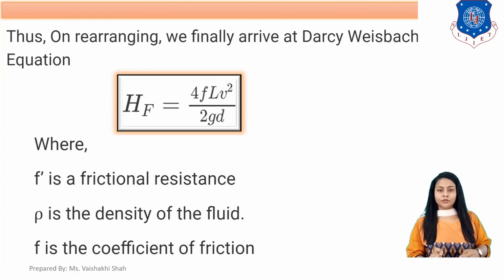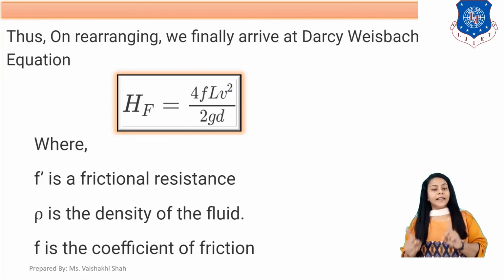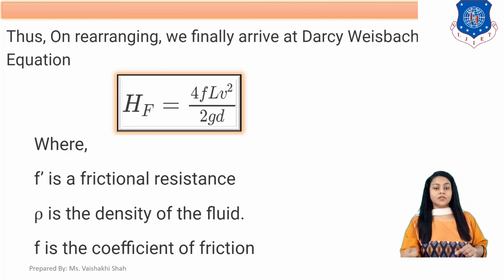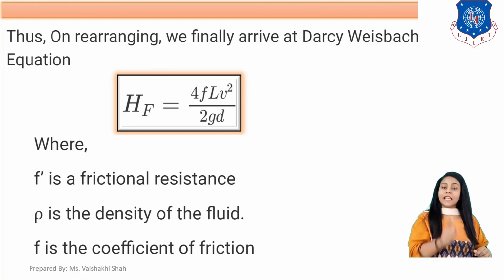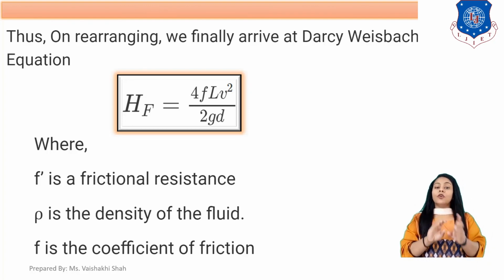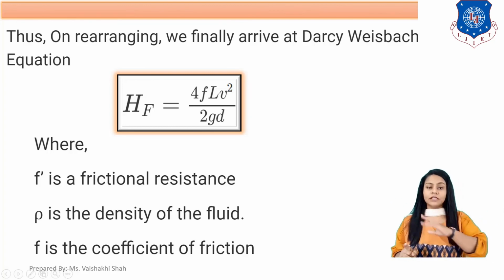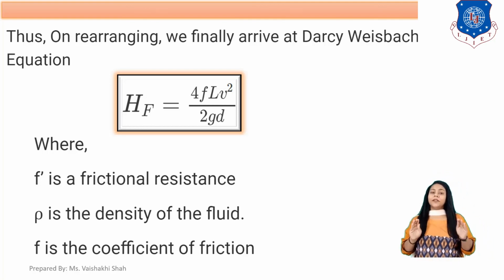So HF equals 4F L V square by 2gD, where F dash is the frictional resistance, rho is the density of the fluid, and F in this equation is the coefficient of friction, L is the length between two sections, V is the velocity, g is the acceleration due to gravity, and D is the diameter of the pipe.